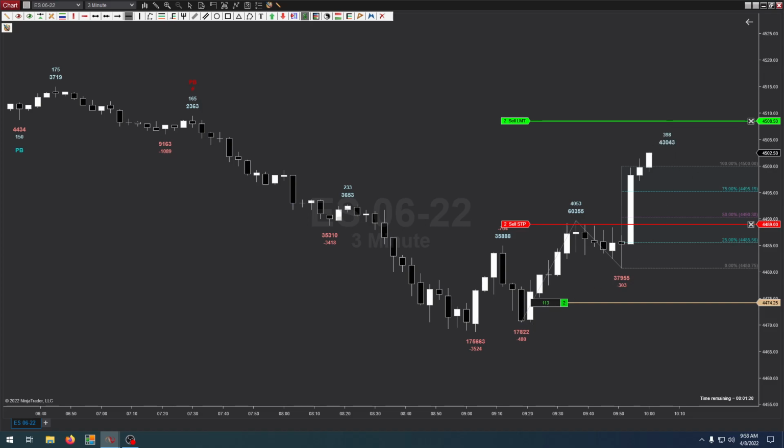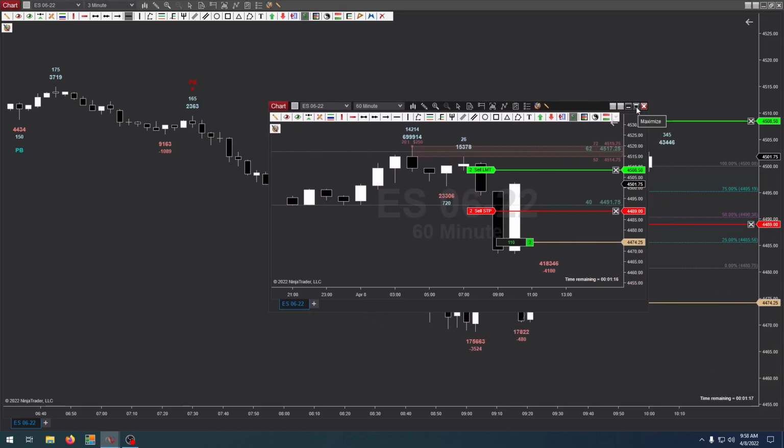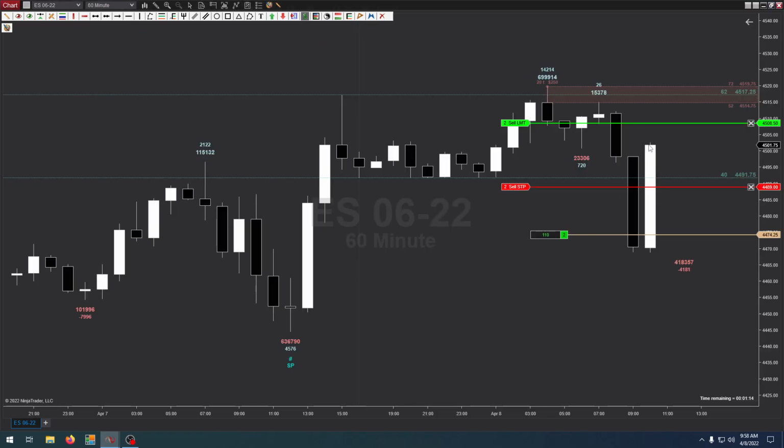Can we get up here? Because the longer the hourly, or any candle, stays up by its high, the better chance we have of continuing getting highs. Vice versa, the longer it stays close to its low, the better chance we have of getting new lows. And right now this is up here, so we're going after new highs.